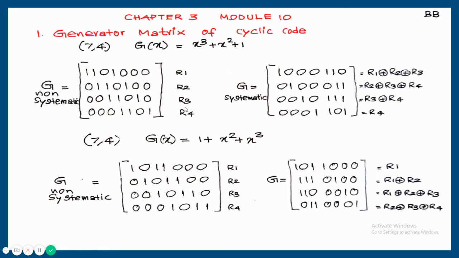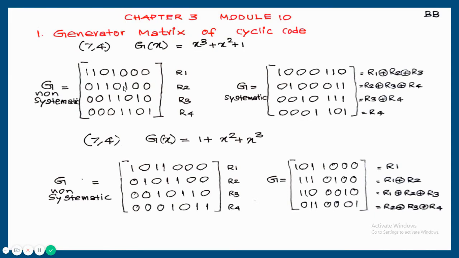Just XOR 2, 3 and 4 and we get 0, 1, 0, 0, the required answer. Next 0, 1, 1, so it is written here. The next requirement is 0, 0, 1, 0 and there is no such row here, but it can be obtained by XORing the third row and the fourth row. XOR these two rows and we get 0, 0, 1, 0, 1, 1, 1. That answer is here. The last requirement is 0, 0, 0, 1 and it is already here. Just write the same row here.